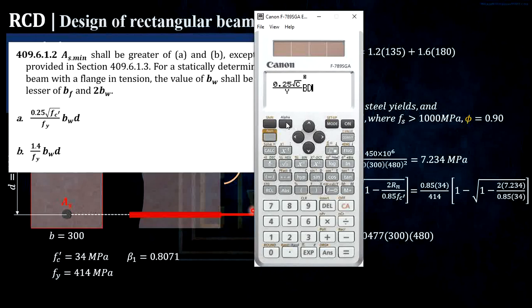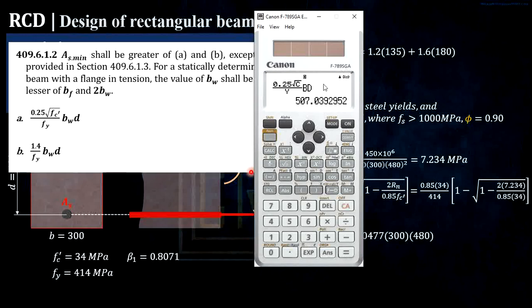Next, this equation: 1.4 divided by fy, then bd. Okay, I will press calc. Oops, wrong. Okay, the fc prime is 34, and fy is 414 megapascal. b is 300, our depth is 480.